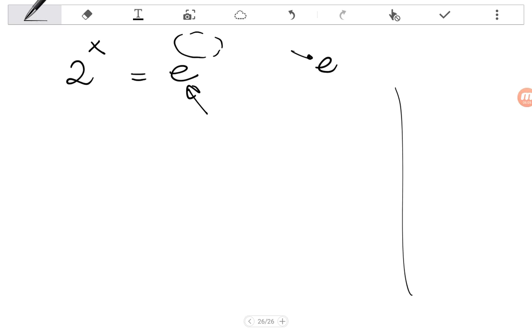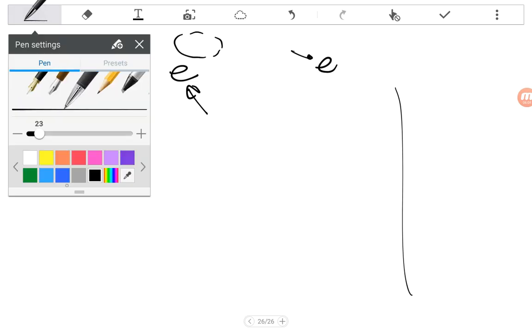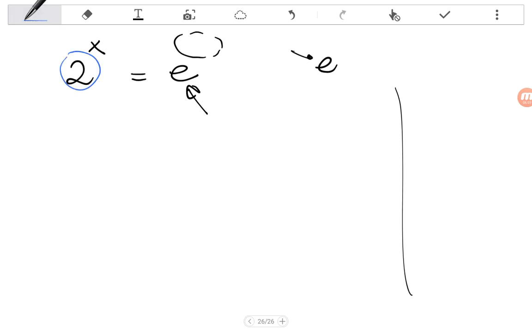That is easy also. Look at this number, which is 2. I may rewrite that 2 as follows: what if I say that 2 is just equal to e to the power ln 2? Yes, that is correct.